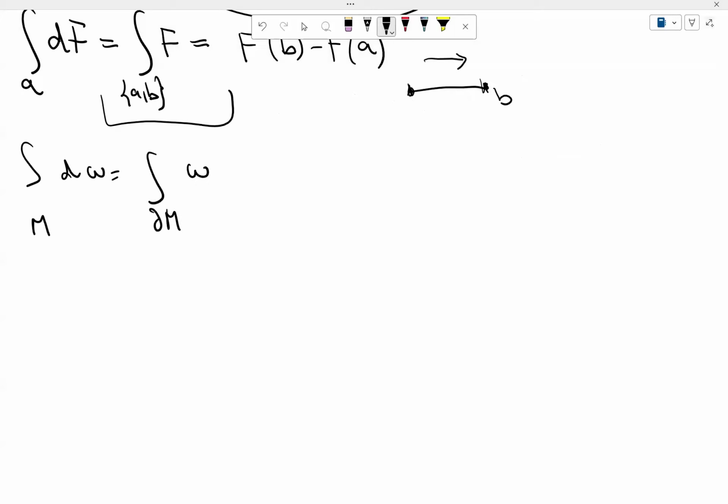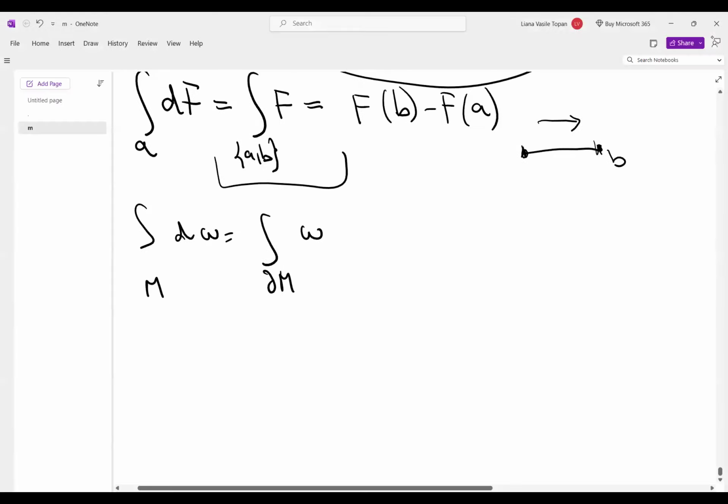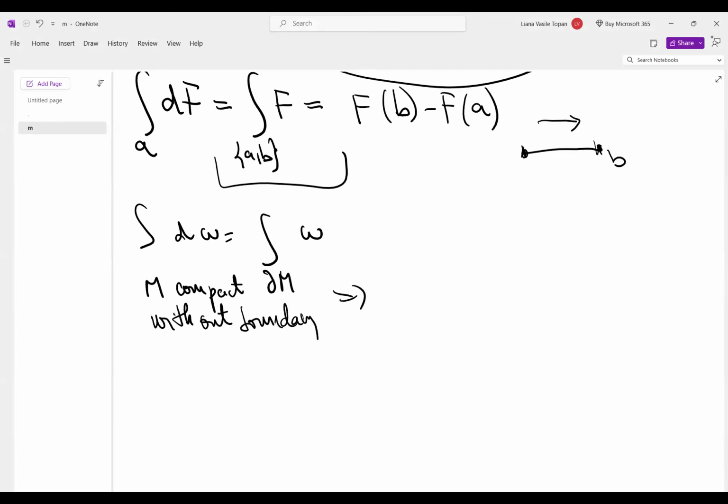Stokes theorem. And let's suppose that M is compact without boundary. Without boundary, which means what? That the integral of omega over the boundary will be 0, no boundary, right? So the boundary is 0.